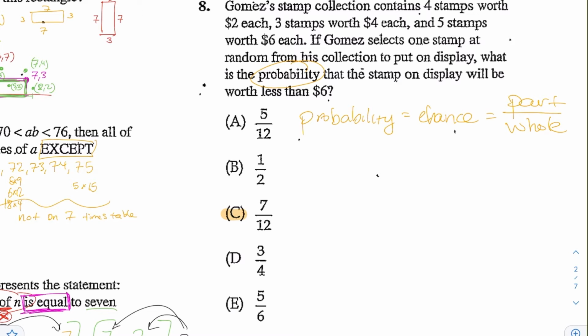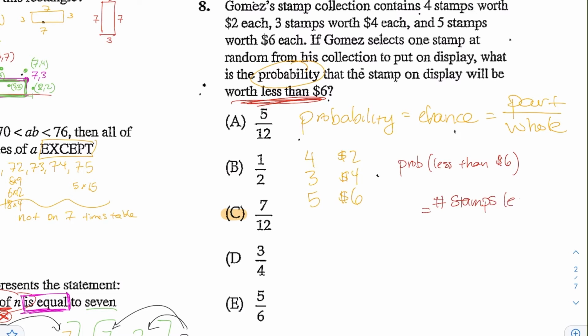So here, you want to figure out what he has in his collection. He has 4 stamps worth $2, 3 worth $4, and 5 worth $6. So the part that we want is the part that will be worth less than $6. So the probability of less than $6 means that the part will be the number of stamps less than $6, and the denominator is the whole.